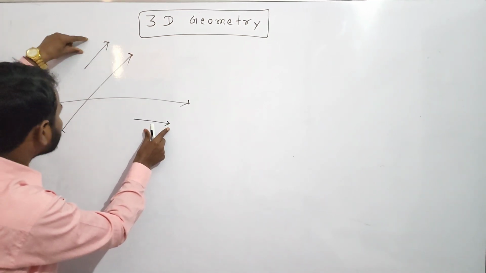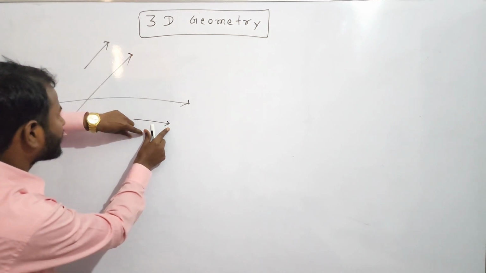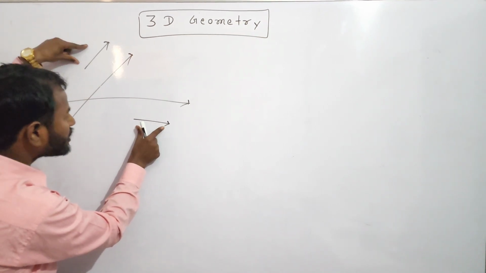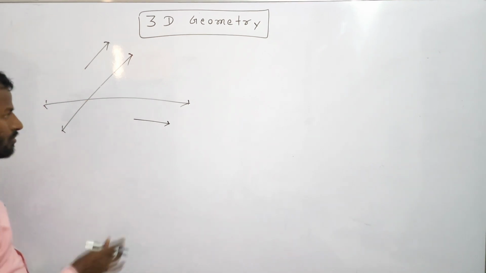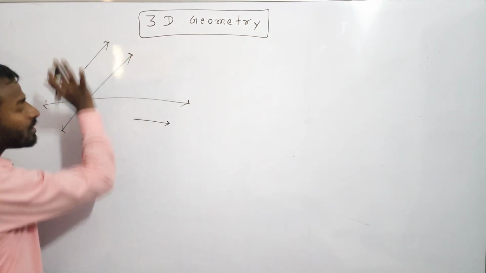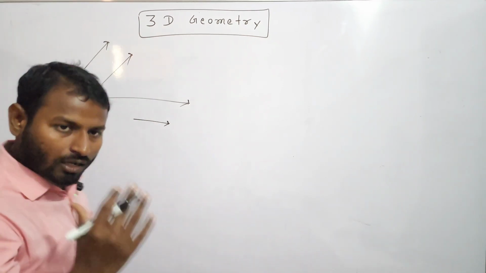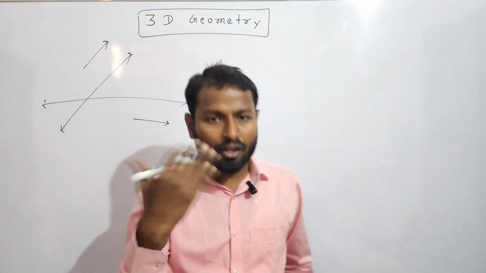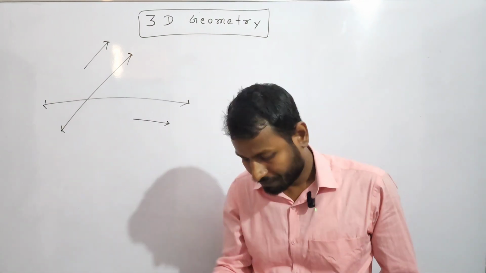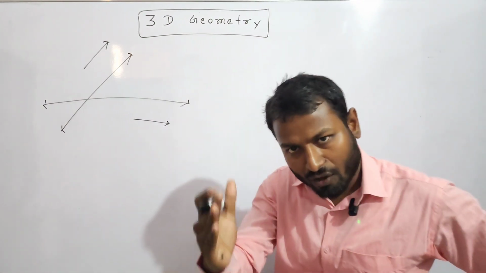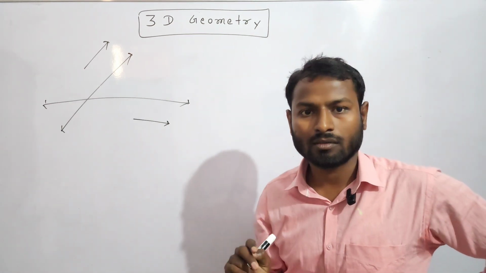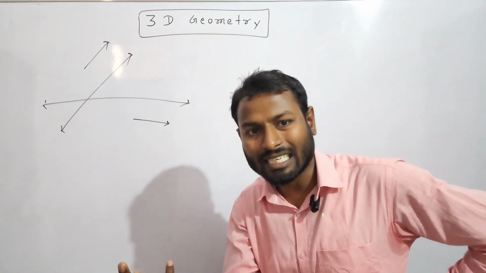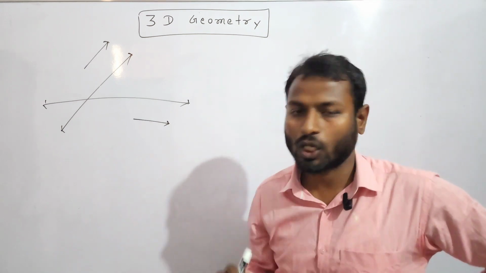Line parallel vector, line parallel vector. If we shift these vectors to the point of intersection, we can do that. You have read about this: we can shift any vector from anywhere to anywhere, but keep one thing in mind, in the same direction and with the same magnitude.